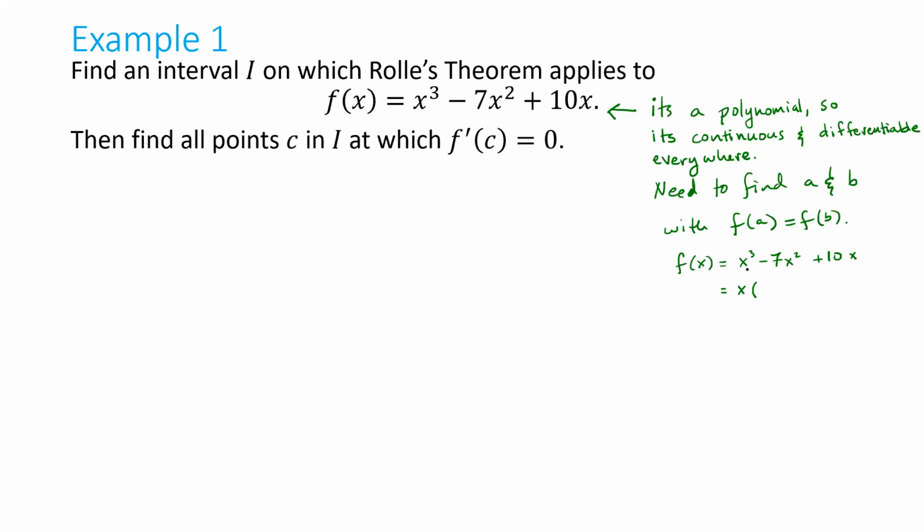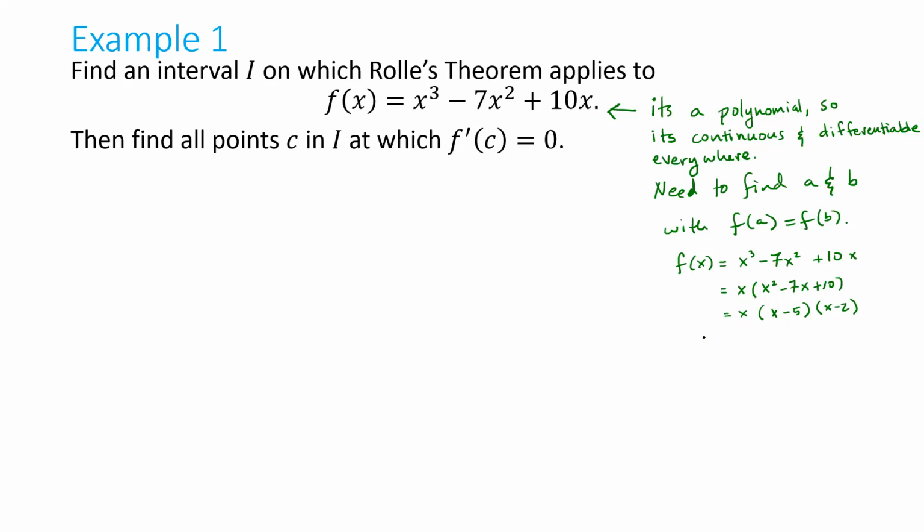I can factor out the x, and then we're left with x squared minus 7x plus 10. And this factors into x minus 5 and x minus 2. So at x equals 0, x equals 5, or x equals 2, it'll equal 0.